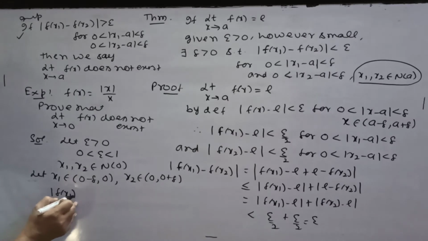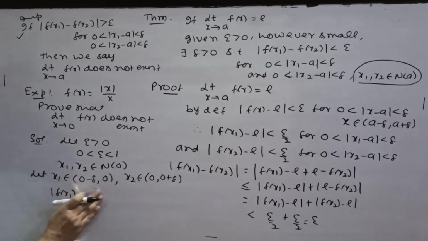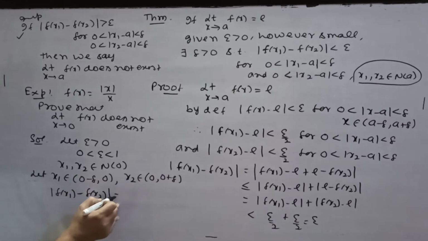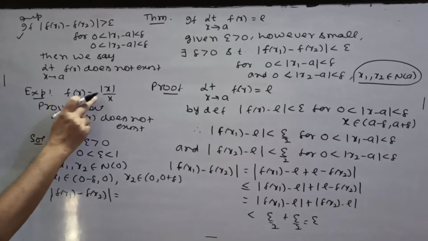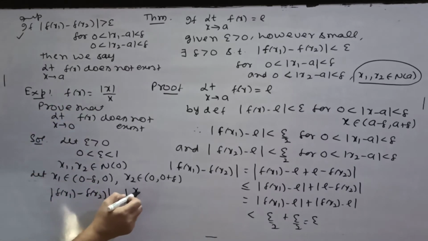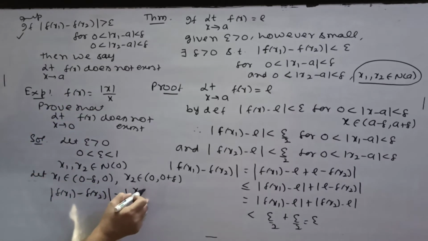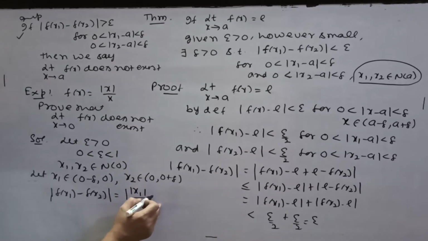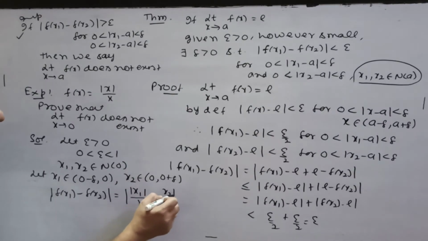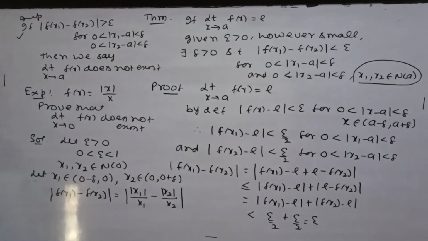So f(x1) - f(x2), where f(x1) = |x1|/x1 and f(x2) = |x2|/x2.